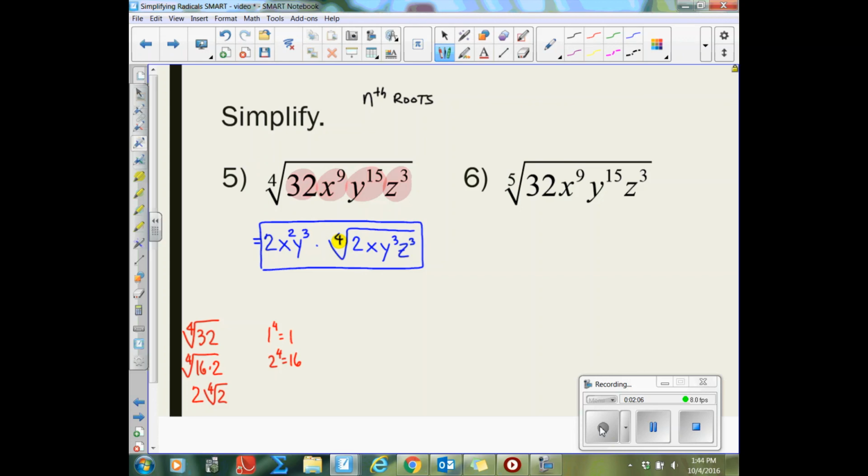5th root. Let's start with the 5th root of 32. I would hope that you immediately recognize that as a perfect 5th power. 2 to the 5th is 32.